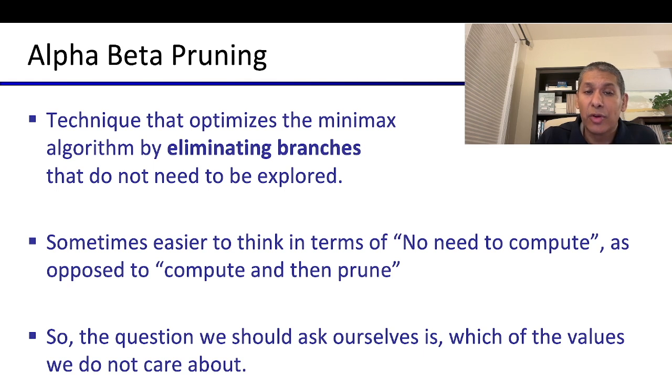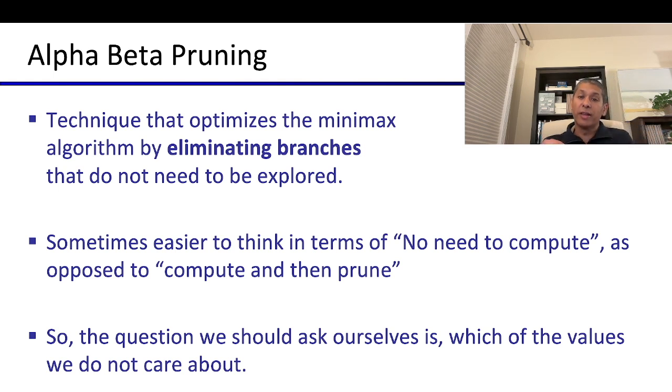Sometimes it's easier to think about in terms of no need to compute, as opposed to computing and then pruning. Sometimes the word pruning can confuse some students who think about, okay, we're going to prune this subtree, but if you have already computed it, then you have already spent the computation time on it.